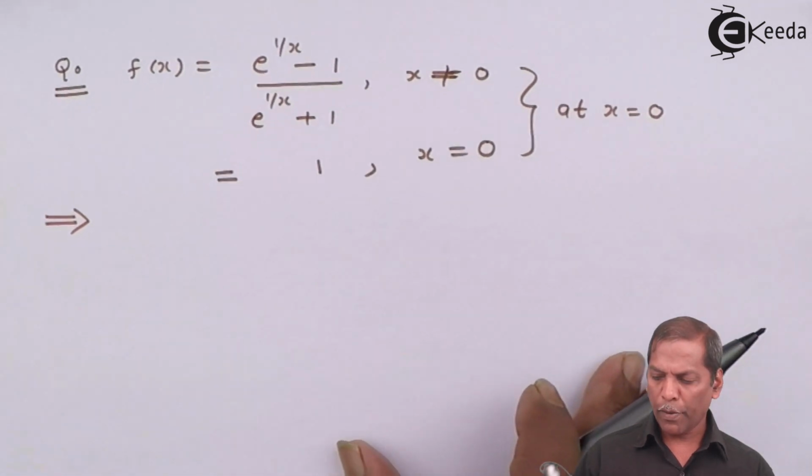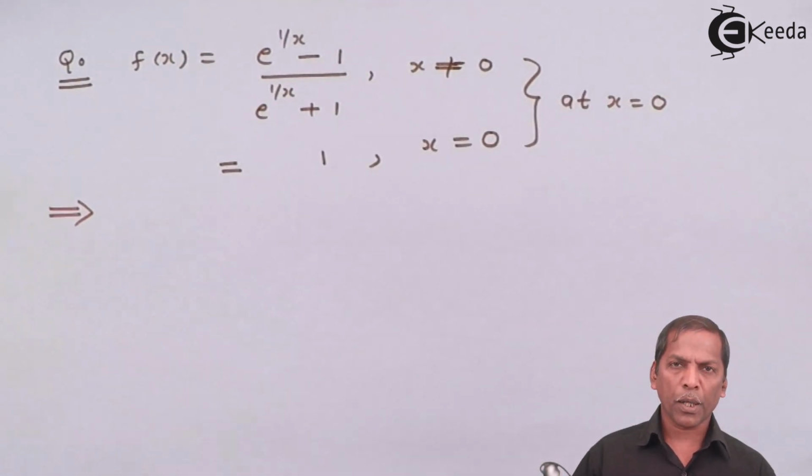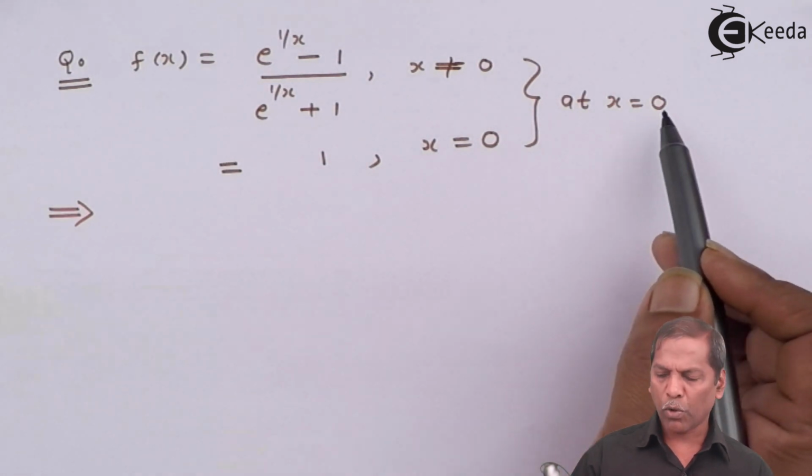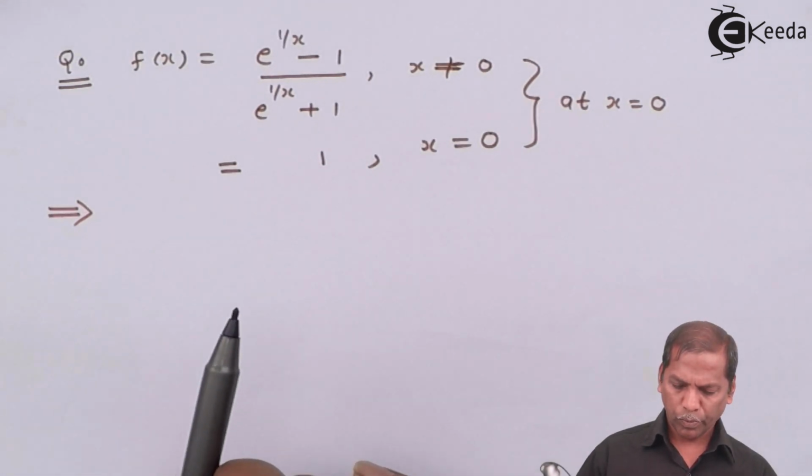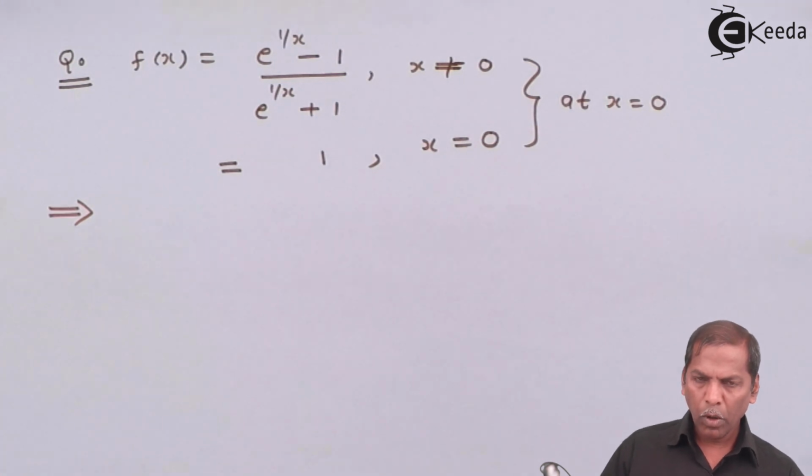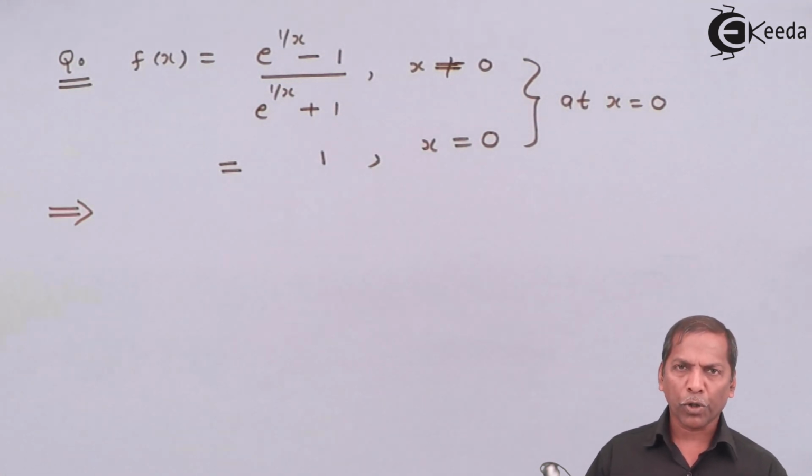In this problem we have to discuss whether the given function is continuous or not at the indicated point x equal to 0. Now let's see the solution.